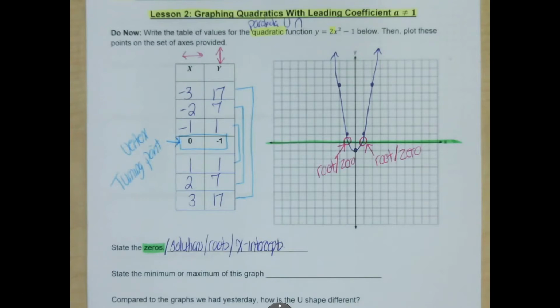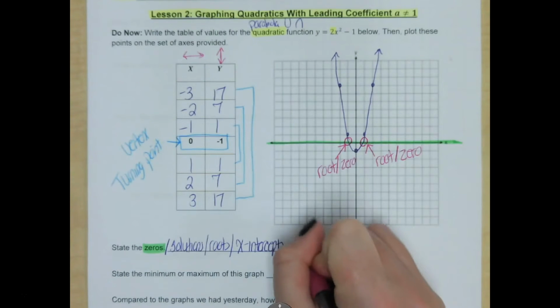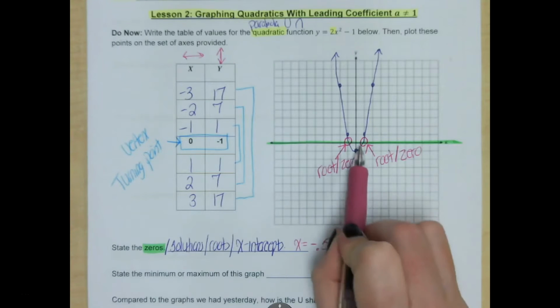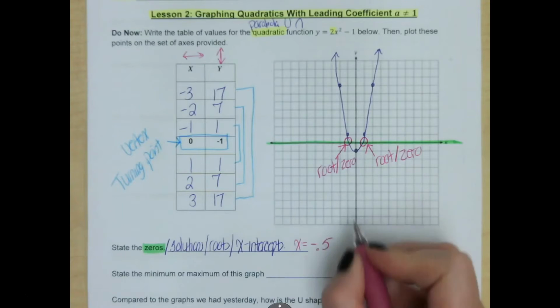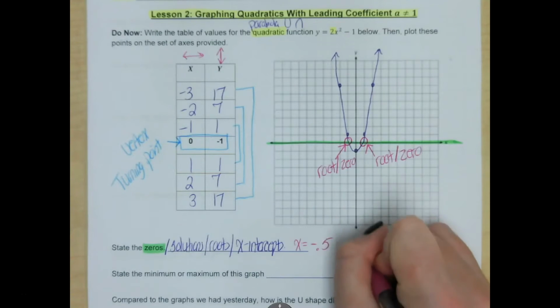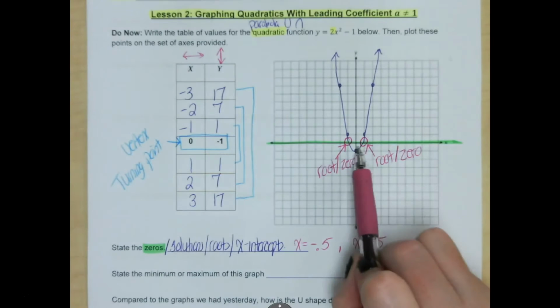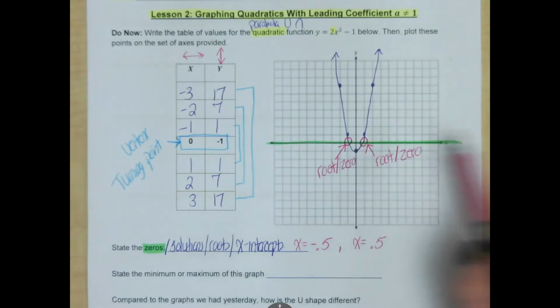There is a way to find it exactly on the calculator, but again, just for right now, we're just going to eyeball it out. So I'm going to say this is about when x is -0.5, because I'm about halfway between 0 and -1. And I'm going to say my other x-intercept is when x equals +0.5. Because again, I'm right in between where x is 0 and +1 as well.